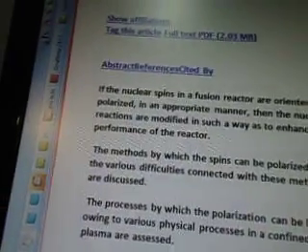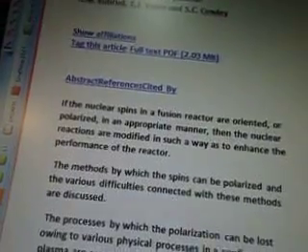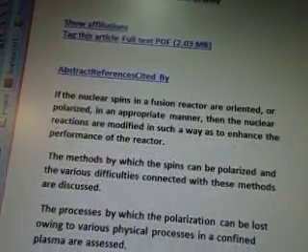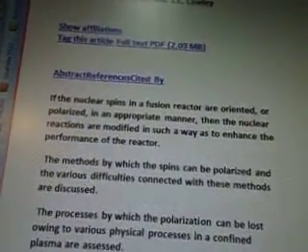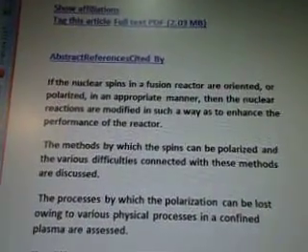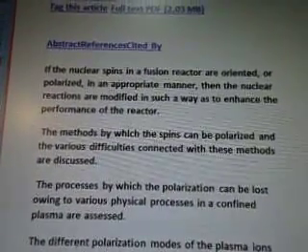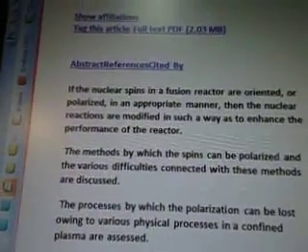If the nuclear spins in a fusion reactor are oriented or polarized in an appropriate manner, then the nuclear reactions are modified in such a way as to enhance the performance of the reactor. The methods by which the spins can be polarized and the various difficulties connected with these methods are discussed.